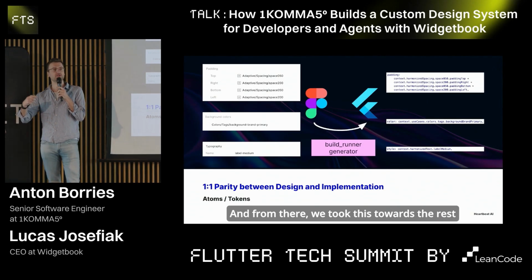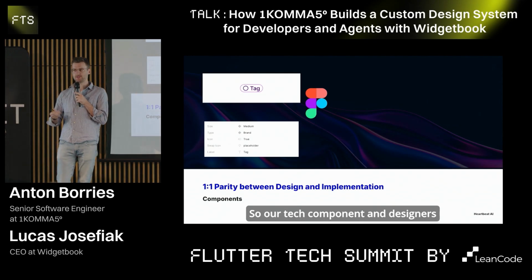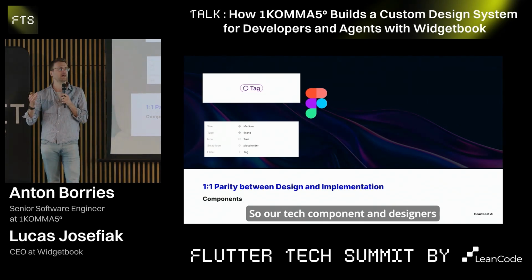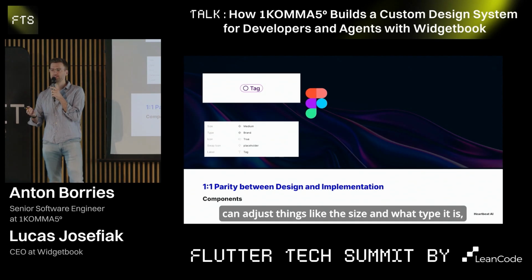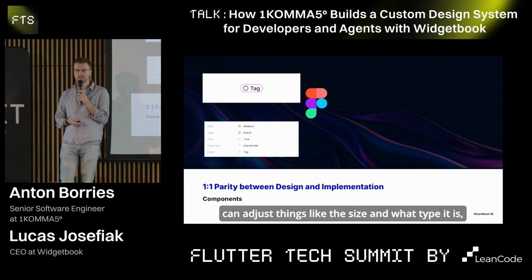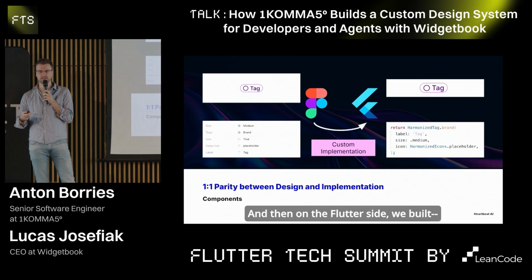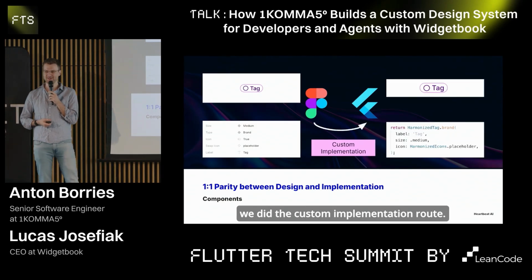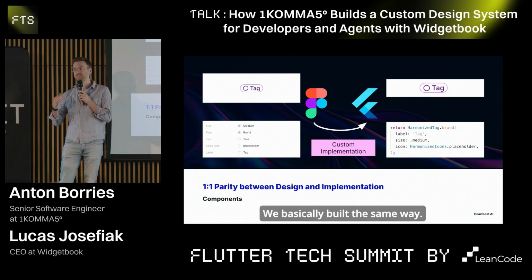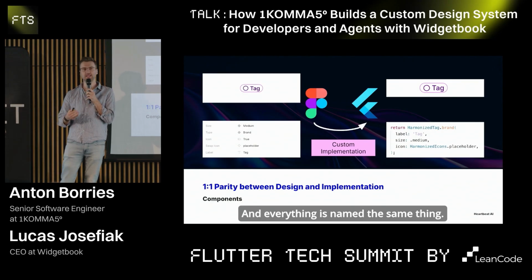And from there, we took this towards the rest of the design system, to our components as well. So our tag component, designers can adjust things like the size and what type it is, the icon or the label. And then on the Flutter side, we did the custom implementation route. We basically built the same way, and everything is named the same thing.